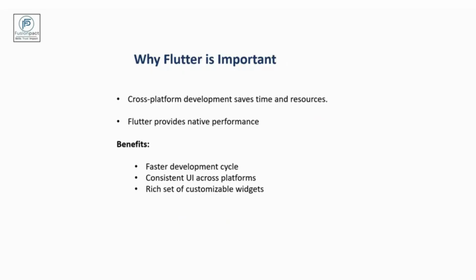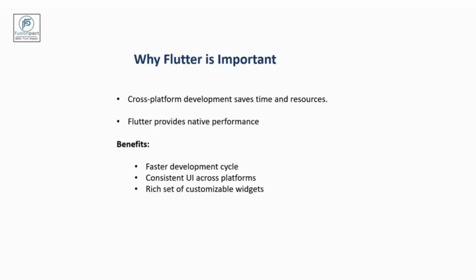Why is Flutter important? It provides us cross-platform development, and saves time and resources. Flutter also gives us a single codebase, so we can build our code once and run it everywhere. This is one of the biggest functions and one of the most important purposes of Flutter.